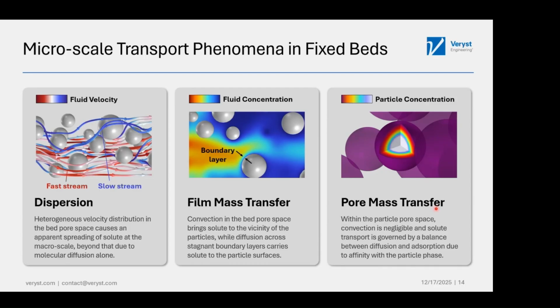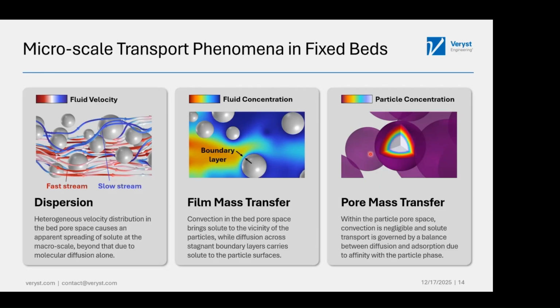And finally, on the right here, I'm showing the pore mass transfer. So anything intraparticle, anything that depends on properties within the particles themselves. Convection is generally not important because the flow velocity within a particle is generally much smaller relative to the interstices outside the particles.